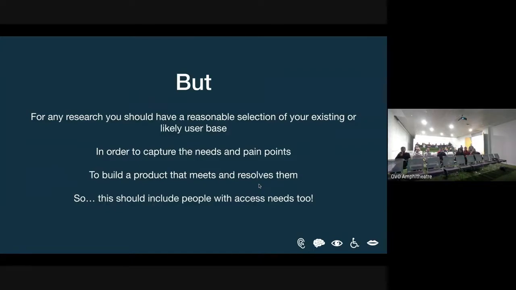And this is also so that we can get a good variety of needs and pain points to build a product that meets and resolves them. And the thing that I struggled with over the years is that not all people are included in that. Obviously, don't include people that literally aren't going to ever use your product, but why aren't people who have disabilities included in the research stage?